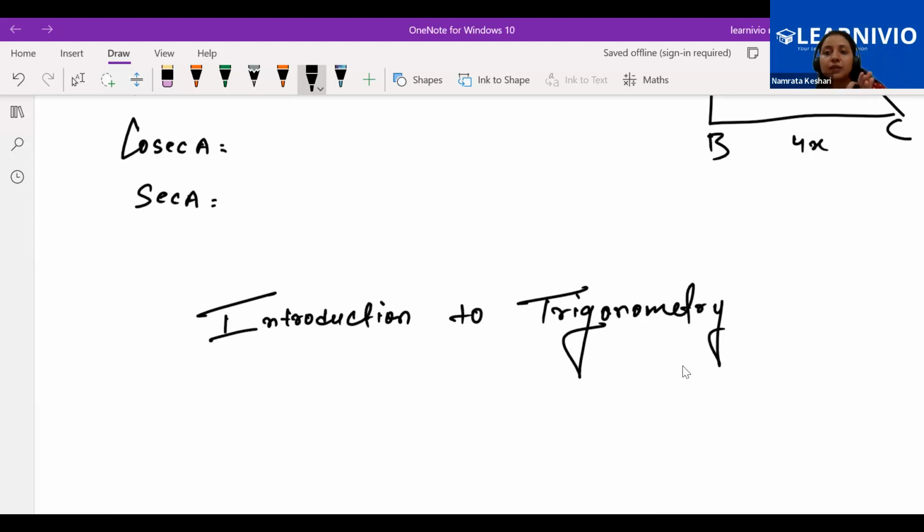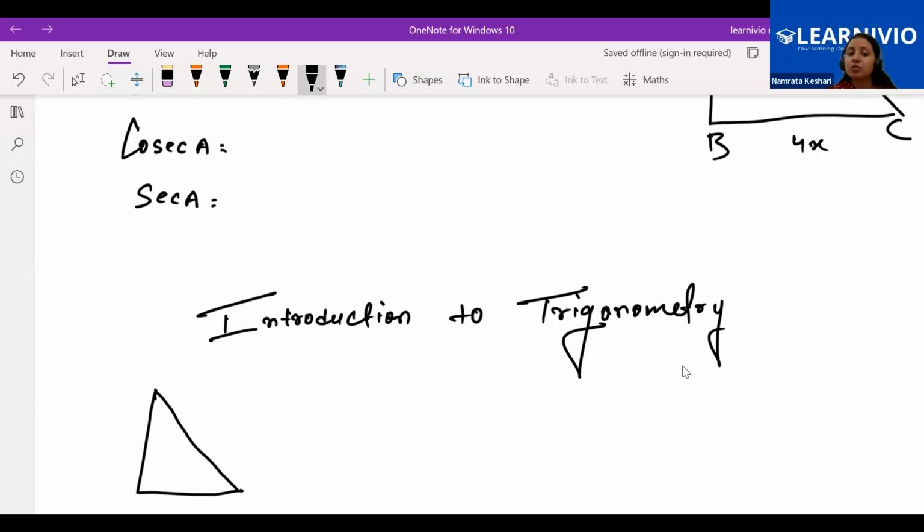Here we will be discussing mainly about triangle, and that too we will be taking right angle triangle. Now, when I'm saying right angle triangle, one formula is already known to you, which is only applicable to right angle triangle, and I am talking about Pythagoras theorem.